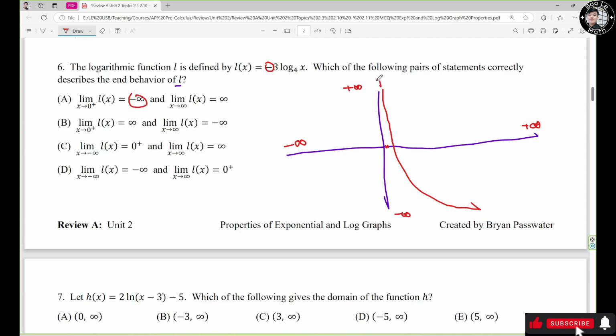Now the answer choice B, limit of the function L of s when s approaches 0 plus, it could be positive infinity, so this one is right? Limit of the function L of s when s approaches positive infinity, the function approaches negative infinity. Yes, that's correct, right? So the answer B is correct.